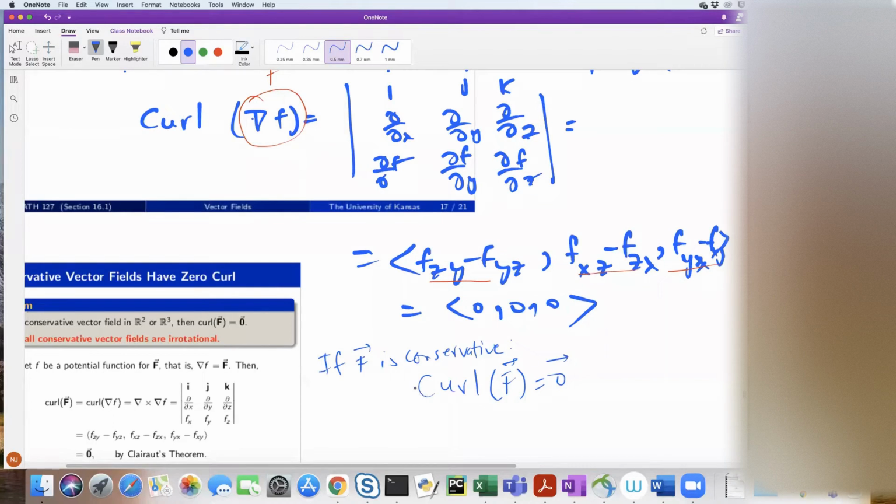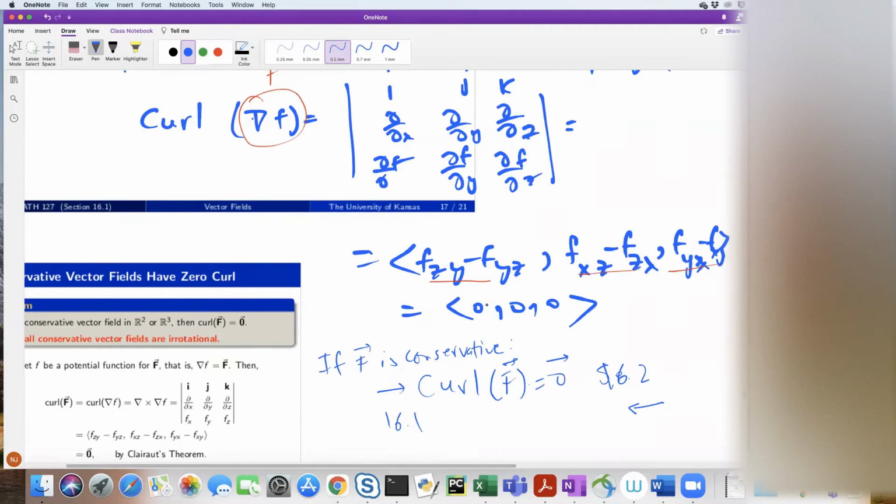Does that mean F is conservative? That's the story that we tell the other way around. So this direction is 16.1. The 16.2 gives you the other direction. And it's not quite the other direction, because you need one more condition plus curl of F equal to the 0 vector to have a conservative field. And that condition has to do with the domain of F.